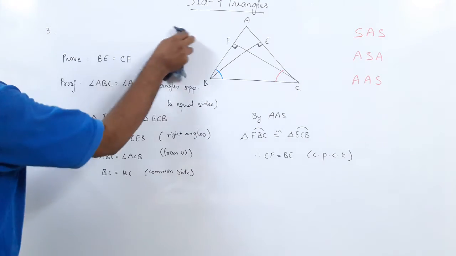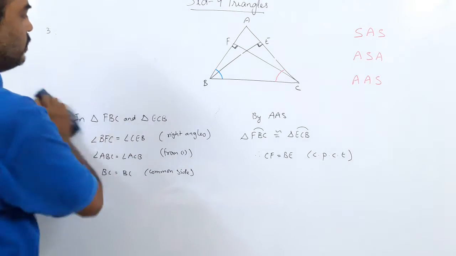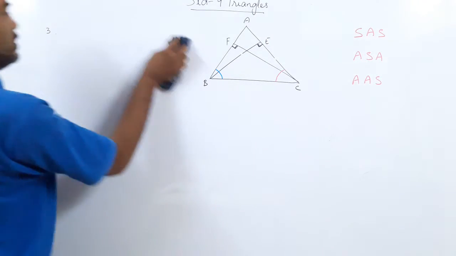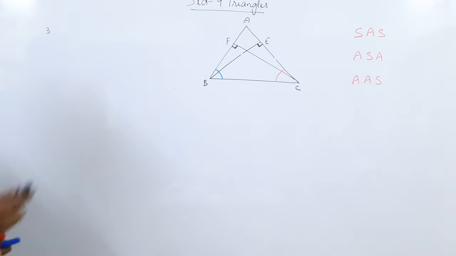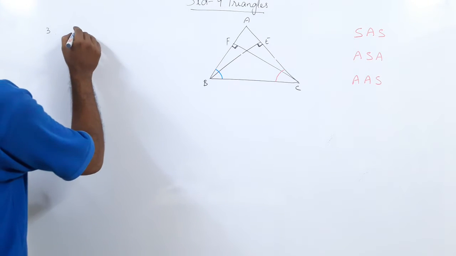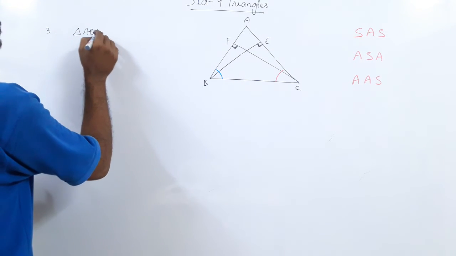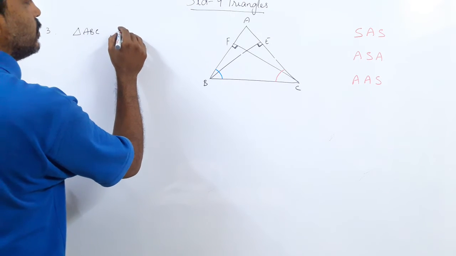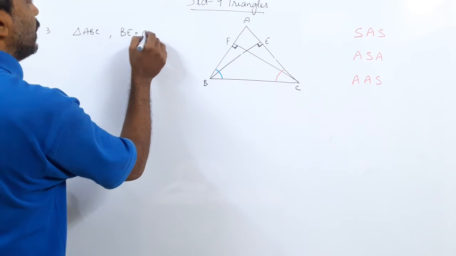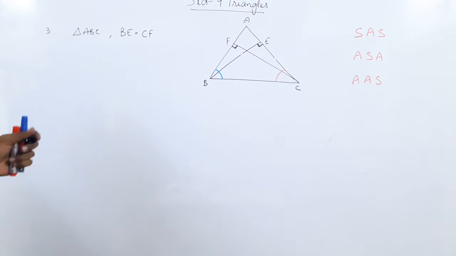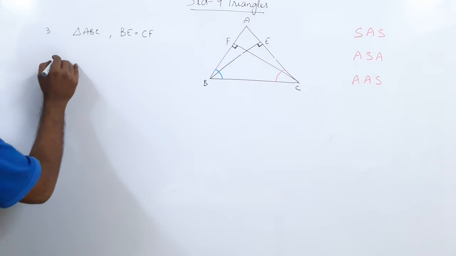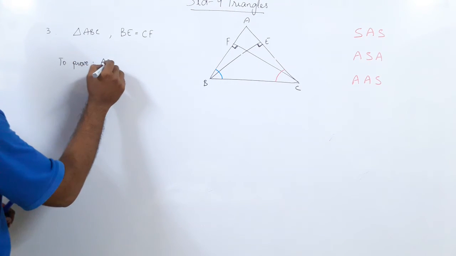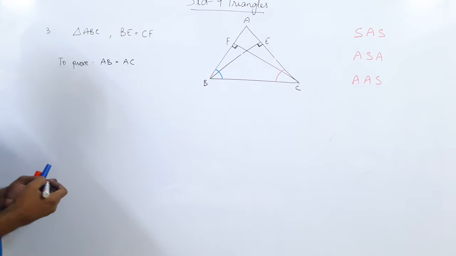Now we are going to go to a similar sum, same diagram, but something is going to change here and we'll have to change the thinking process also. Now, again we are given triangle ABC. This time we are given that BE and CF are equal, and we have to prove the reverse, that AB equal to AC.